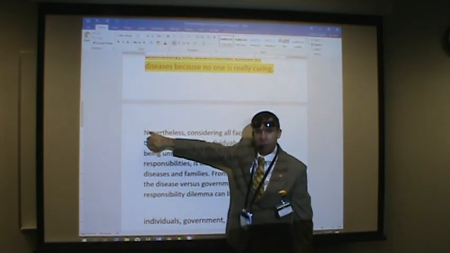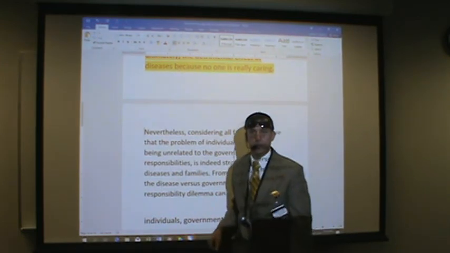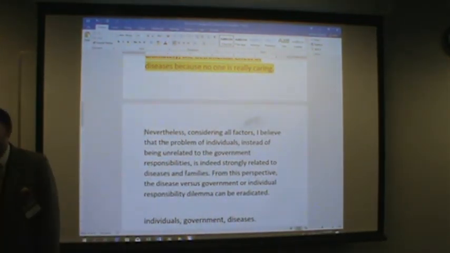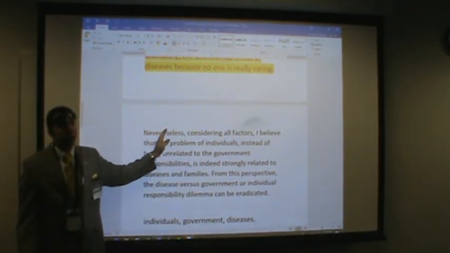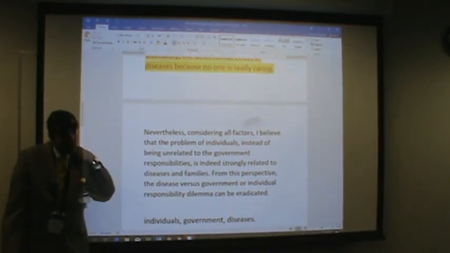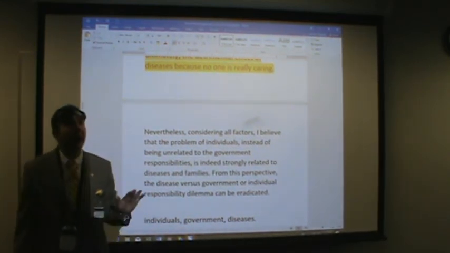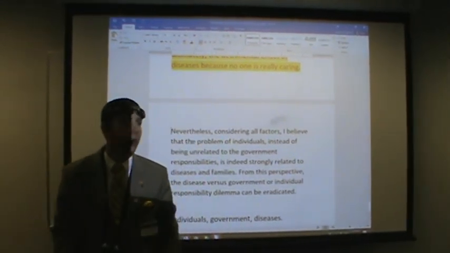You need to give space, capital letter. For every new paragraph, you need to indent. It's like enter and then 1, 2, 3 spaces. Some people do 3, some people do 5. How many do you prefer? As long as in every paragraph you have the same number of spaces, I'll be okay.